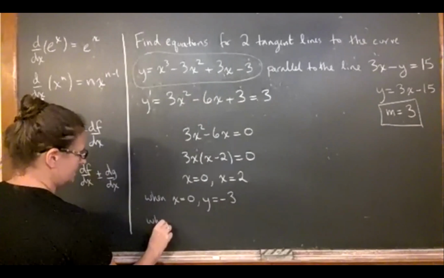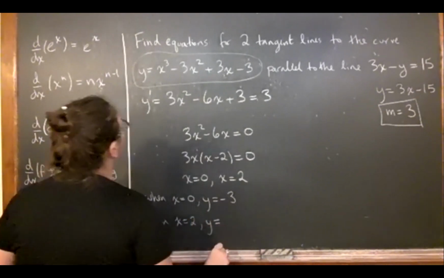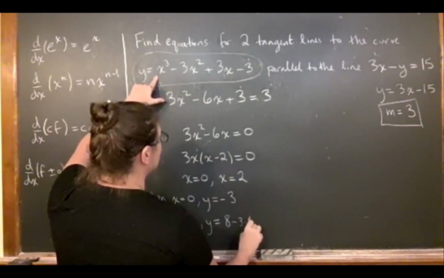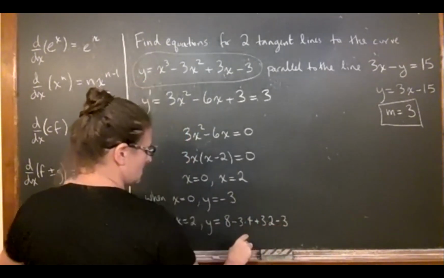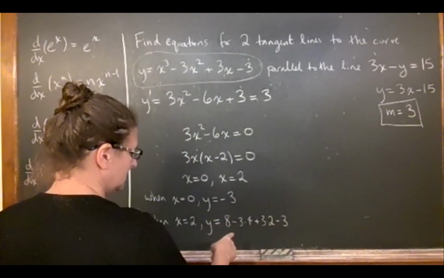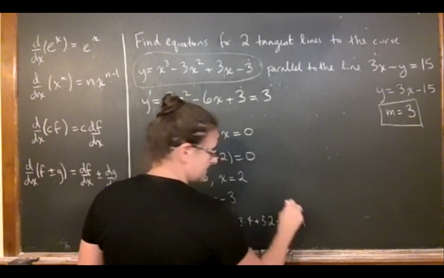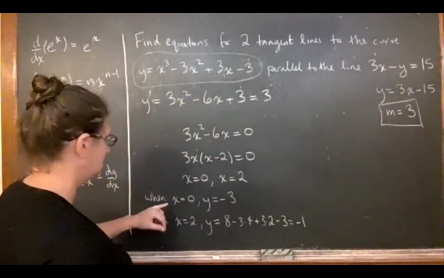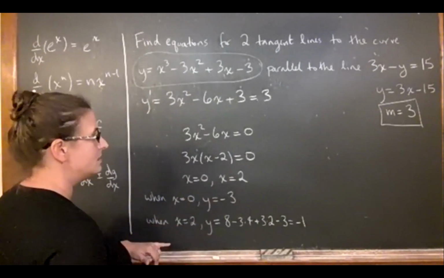The second one, when x equals 2, y equals, what do I have here? 8 minus 3 times 4 plus 3 times 2 minus 3. So 8 minus 12 plus 6, minus 3 gives me -1. Yep. So those are my 2 points, right? (0, -3) and (2, -1).